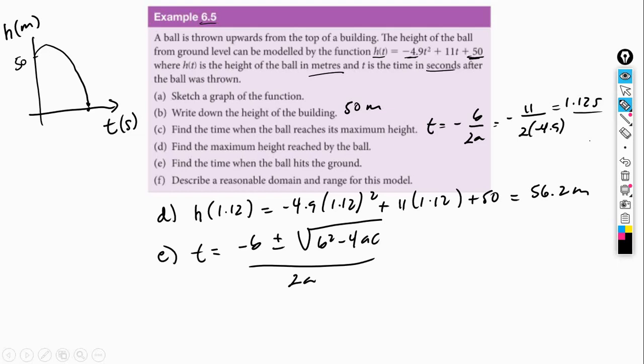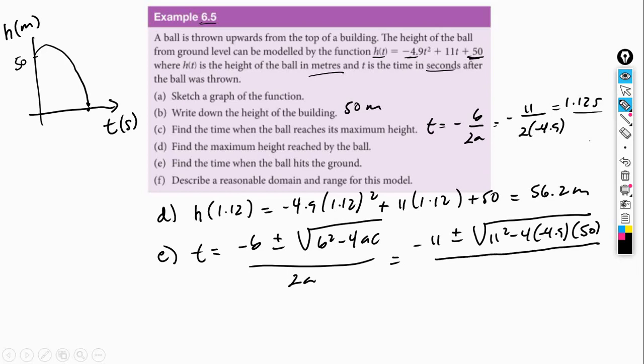So all we have to do is plug in the constants for a, b, and c. b is 11, so we write minus 11 plus or minus the square root of 11 squared minus 4 times a, which is negative 4.9, times c, which is 50, and all of this over 2 times negative 4.9.